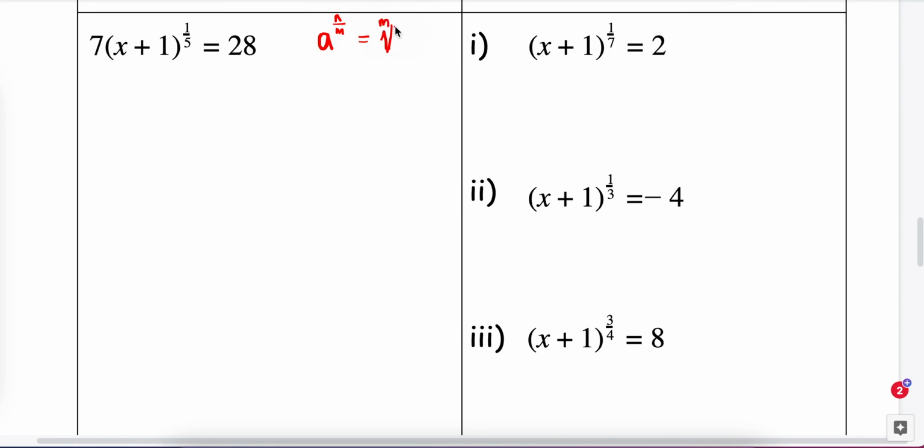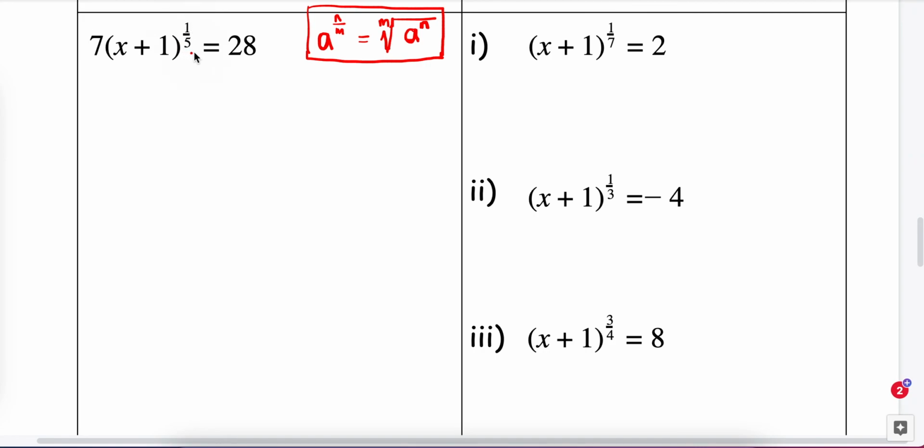Your index is m, the denominator. Your a is your base inside, and that a is raised to the nth power. So this is the way this works. You'll often see them as 1 over, so we don't actually use this most of the time, but strictly speaking, this is the exponent rule for dealing with radicals.